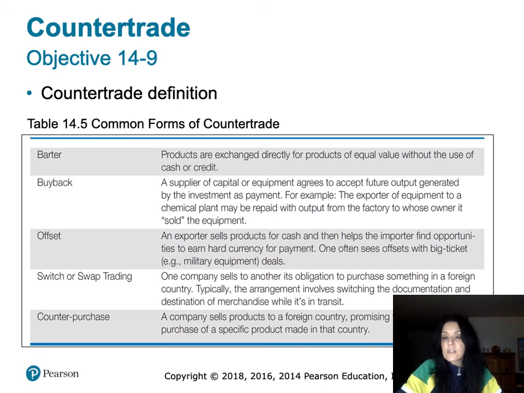The last objective in this chapter is to distinguish the principles and the practices of counter trade. So let me explain what counter trade is by considering the following transaction. Let's assume that Coca-Cola has traded its syrup for cheese from the Soviet Union, oranges from Egypt, tomato paste from Turkey, beer from Poland, and soft drink bottles from Hungary.